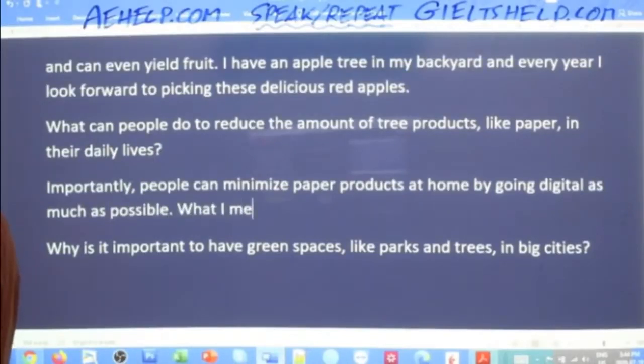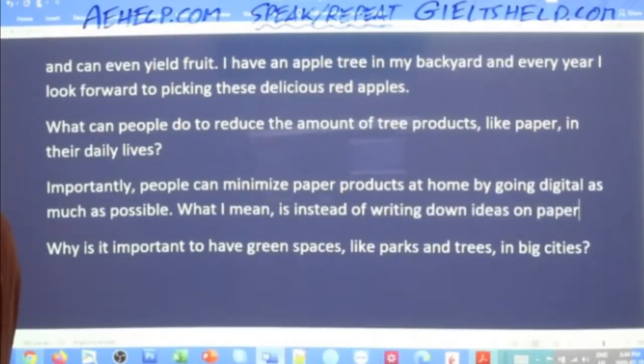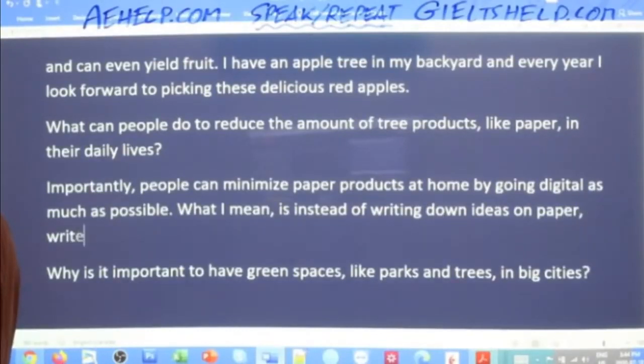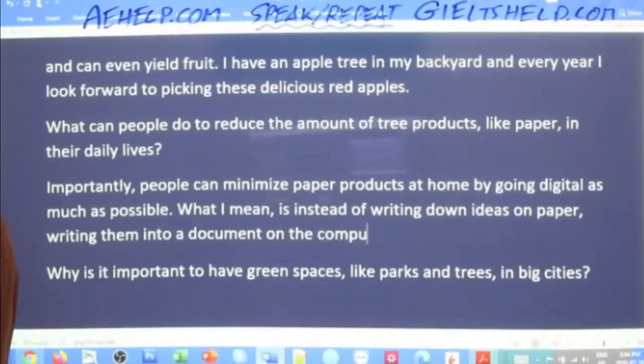What I mean is, instead of writing down ideas on paper, writing them into a document on the computer.